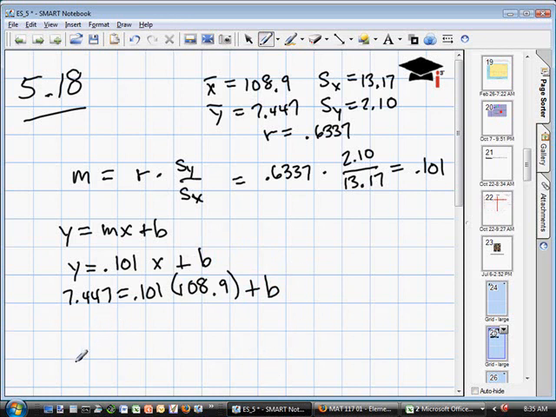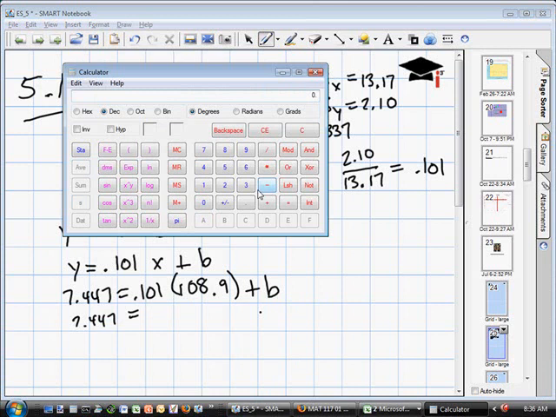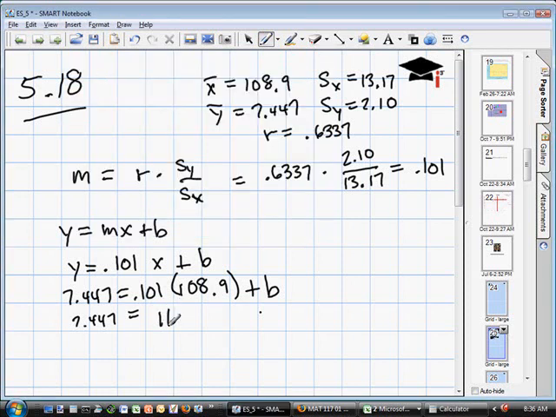That's 7.447 equals, a little multiplication here, .101 times 108.9, 10.99. Wow, so close to 11. I'm just going to put it at 11. And then all you got to do is subtract 11 from both sides, and we got it.